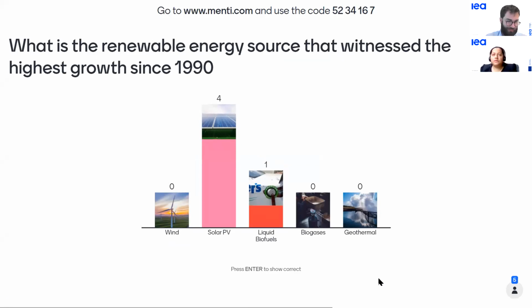The first question is, what is the renewable energy source that witnessed the highest growth since 1990? In the world, what is the renewable source that has witnessed the highest growth since 1990? So the majority of you think it's solar photovoltaic.